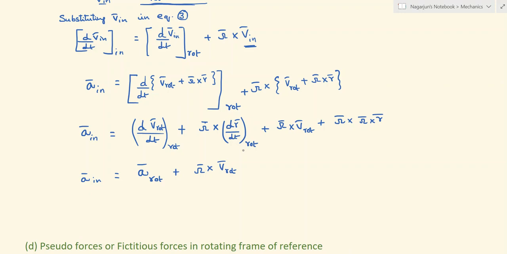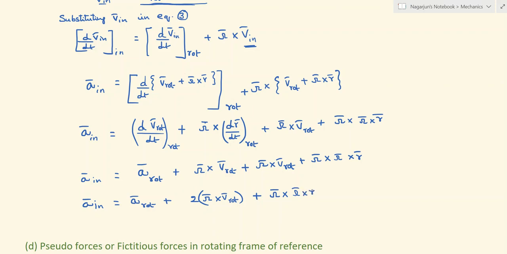Rate of change of position is velocity, so v bar with respect to rotating frame plus omega bar cross v bar rotation plus omega bar cross omega bar cross r bar, or acceleration with respect to inertial frame is equal to acceleration with respect to rotating frame plus we have omega bar cross v bar rotation plus omega bar cross v bar rotation. Let me express it as 2 omega bar cross v bar rotation plus omega bar cross omega bar cross r bar.